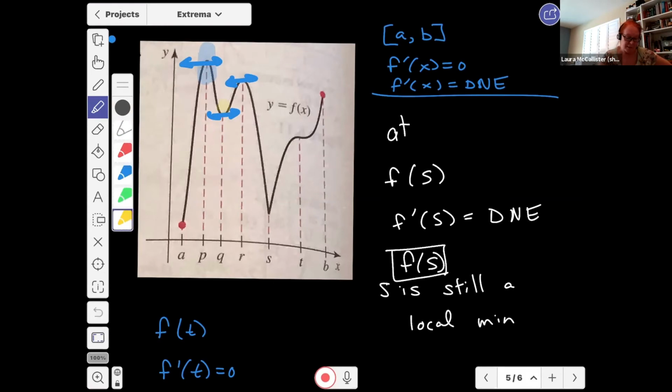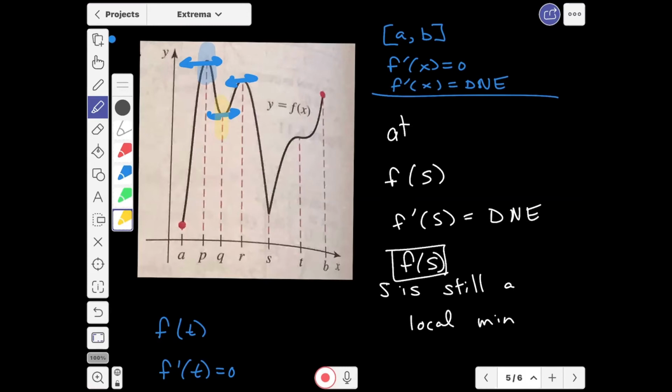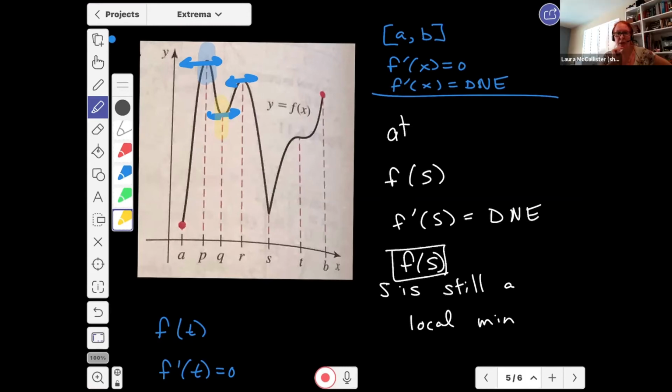So you don't have to state the particular interval where that happens. It's just defining a local max and a local min as occurring where everything around it is either lower or higher. Okay, thank you. And yes, Nicholas, you're right. P is the absolute max.